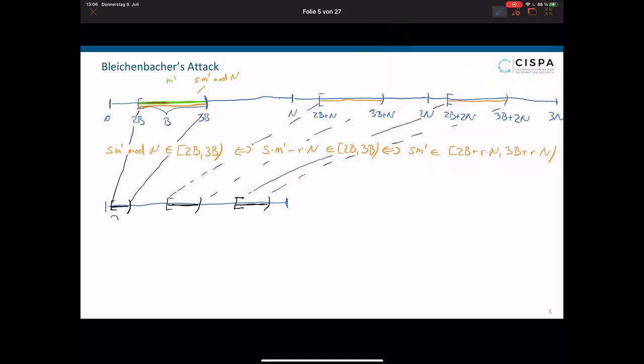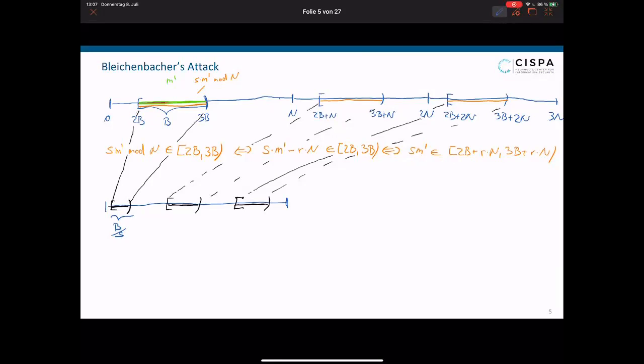So the size of this one here is b divided by s. Each of these guys has size b divided by s, but they're all disjoint. And s is rather small, which means if s is not too big, you will only get a small number of intervals here. In my case, it's 3.